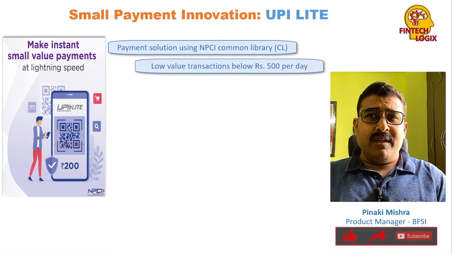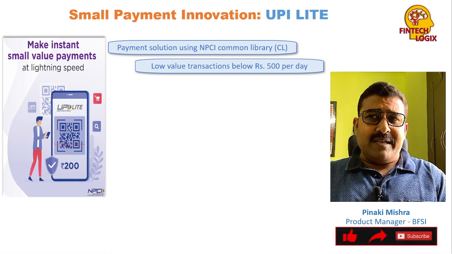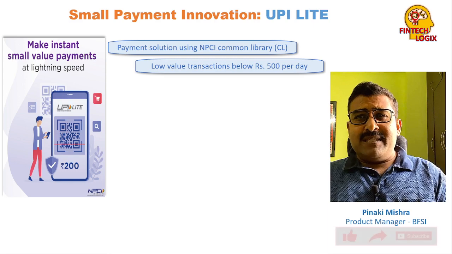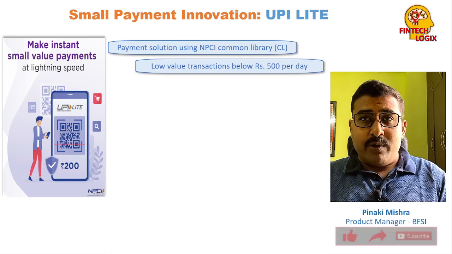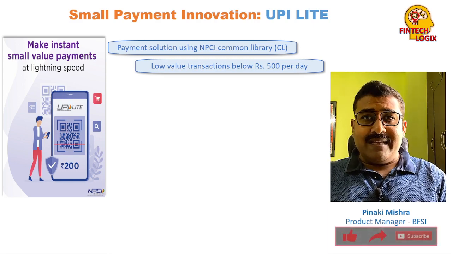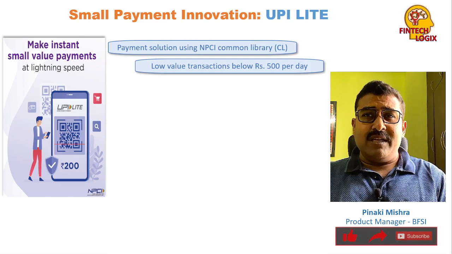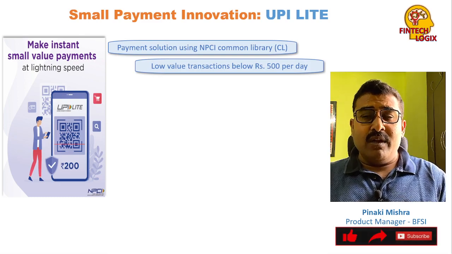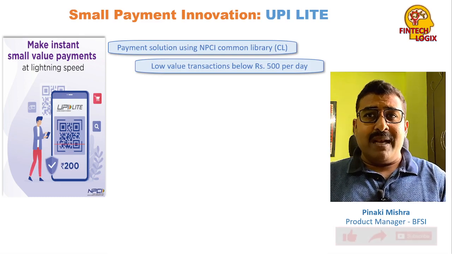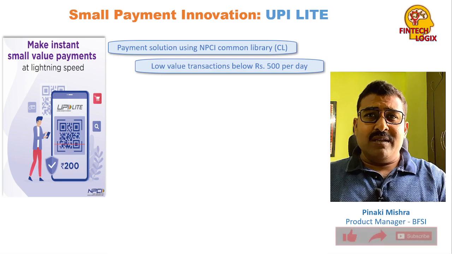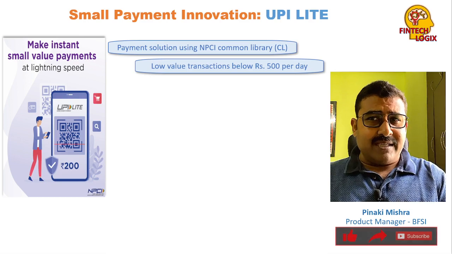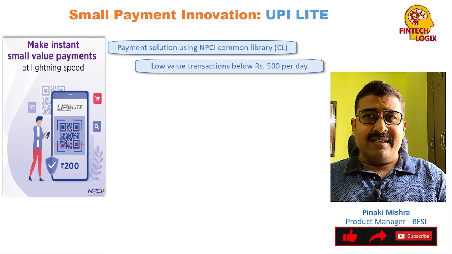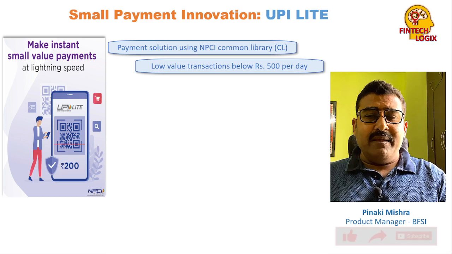One restriction is that we can specifically do low value transactions which are less than 500 rupees. Total amount it can go up to 2000 rupees because your wallet balance is also restricted to 2000. So transactions of 500 rupees or less can be facilitated by UPI LITE.